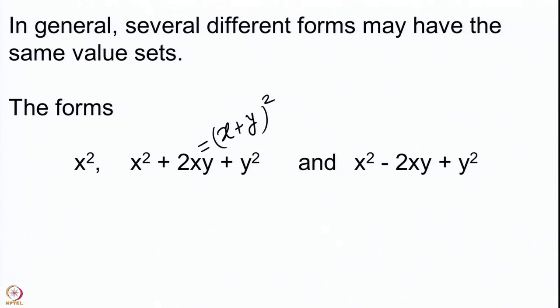So once again, whatever value of x and y you choose, the value of the form is a square, and you can put y equal to 0 and x to be any integer and all squares are represented. So the value set is the same as the set of squares.